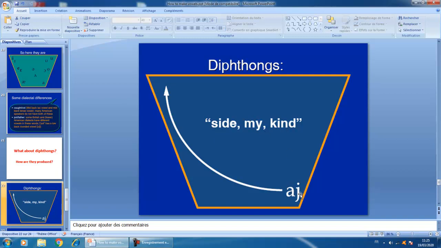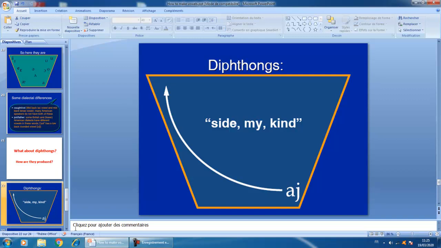The diphthong I is found inside my, kind. So we move from the position of one A to the position of the other. Look at the movement of this arrow here. It seems that we have got two vowels involved.